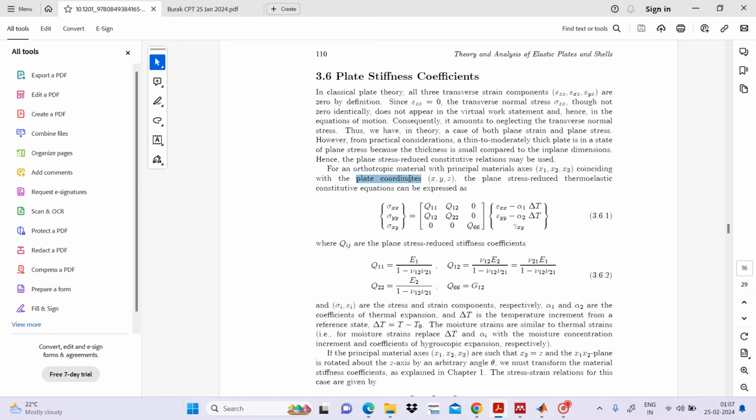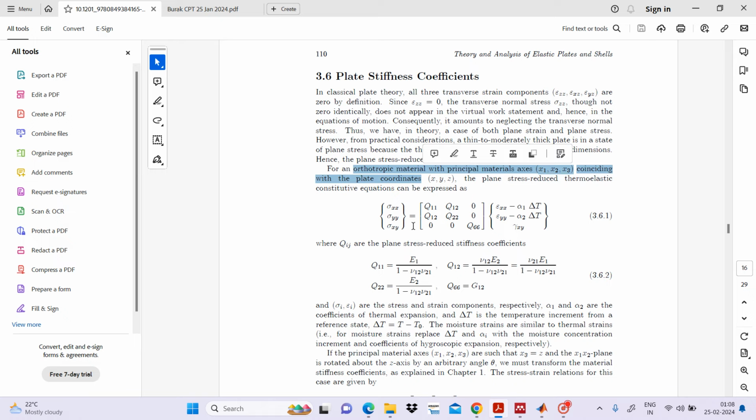When the plate coordinates and the material axes coincide, it is called a specially orthotropic plate.